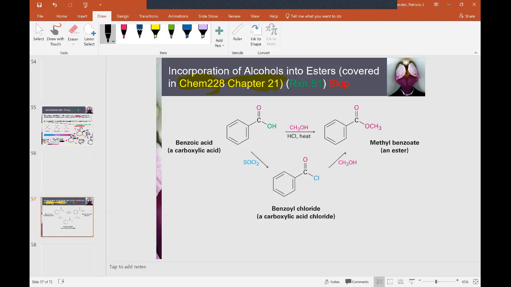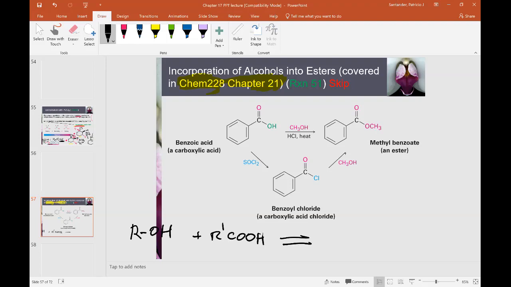If you have an alcohol like this, ROH, reacting with the carboxylic acid, I will put R prime COOH. Then you have a reaction that is reversible, and you can form a product that will look like this.